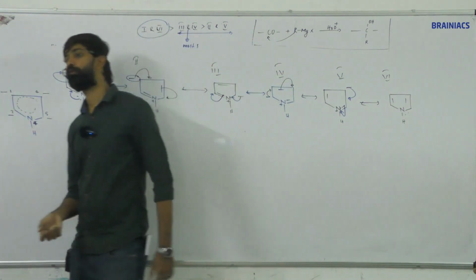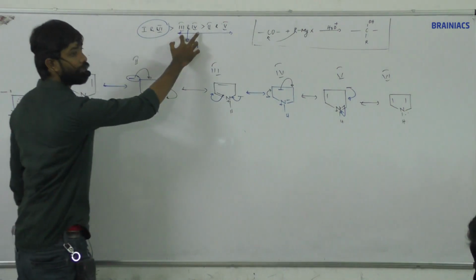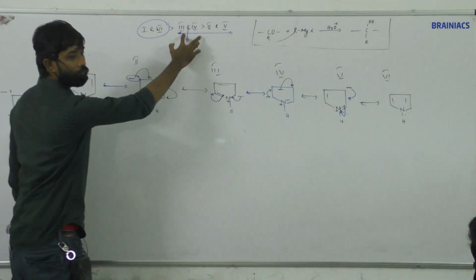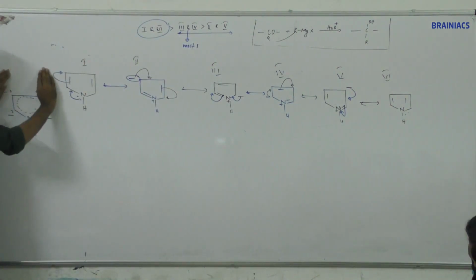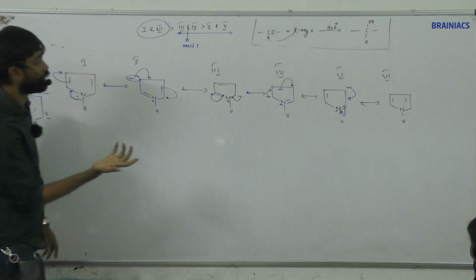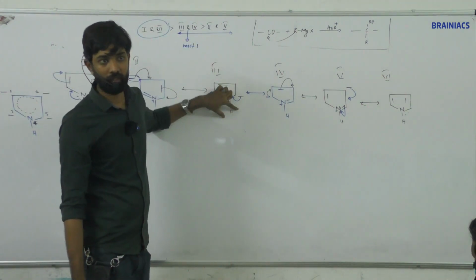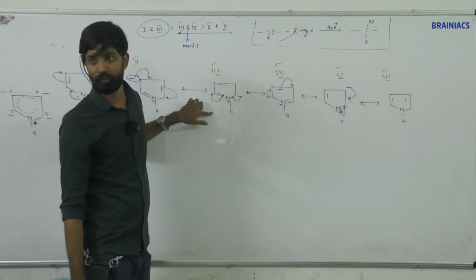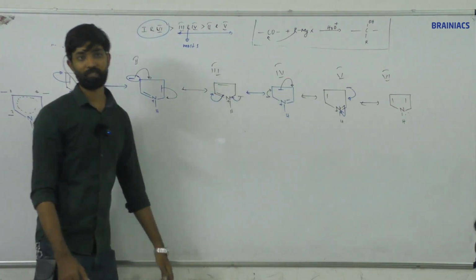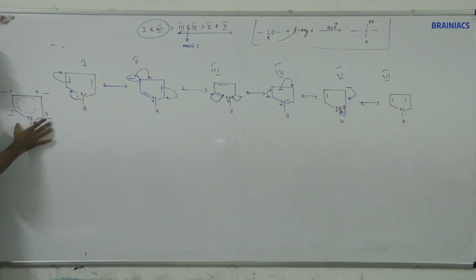Okay, so this hybrid has a greater character of 3 and 4, which means this hybrid has a greater electron density tendency of 3 and 4. Where 3 and 4 is most stable, the negative charge is in the 2 and 5 position. Okay, so it is clear that the most tendency of electron density, or most chance for the electron density of this pyrrole, will be at 2 and 5.